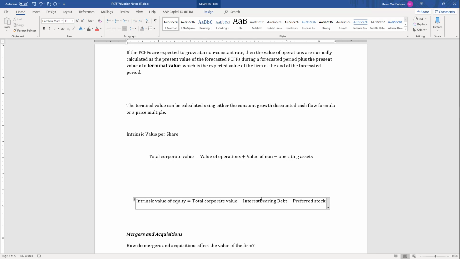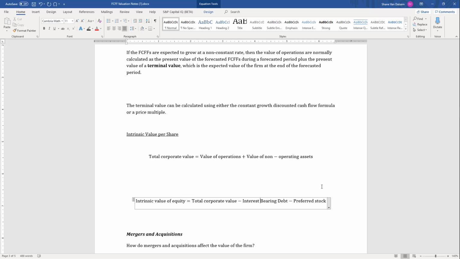Minus any preferred stock. The companies we're going to look at don't have any preferred stock, but we would also subtract out the value of that preferred stock to find the intrinsic value of equity to common stockholders. So that's a very brief approach, and we're going to work through some examples on how to calculate the value of a company.